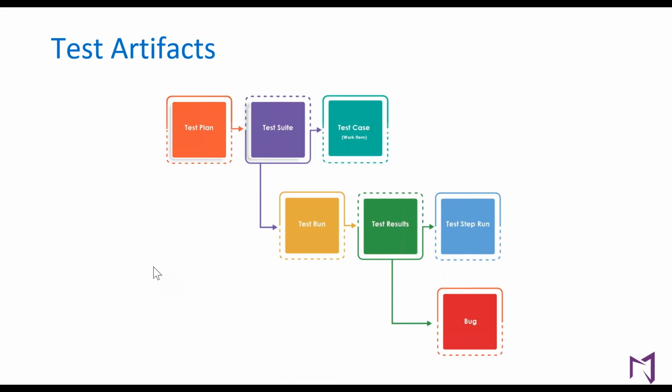Now what you will find is that within Azure DevOps, if you create a test plan and a test suite underneath it, there is no linking. If you go to the work item link tab, you will not see a link between test plan and test suites, nor will you see a link created between test suite and test case.